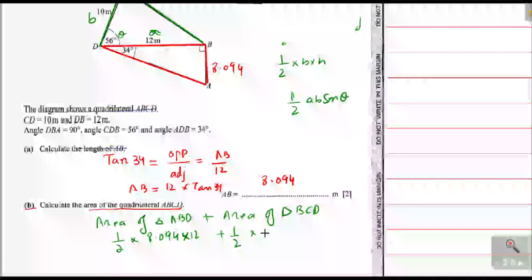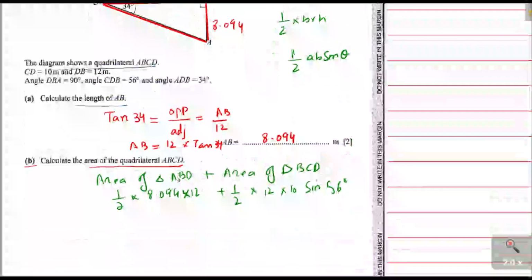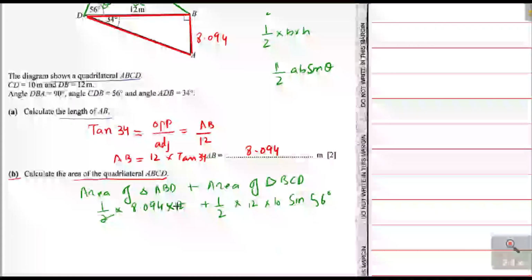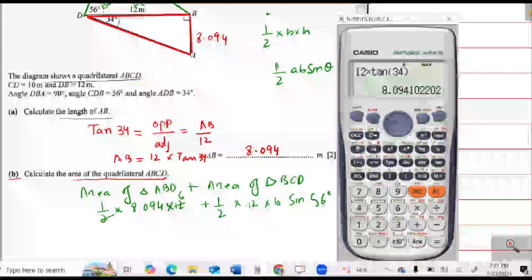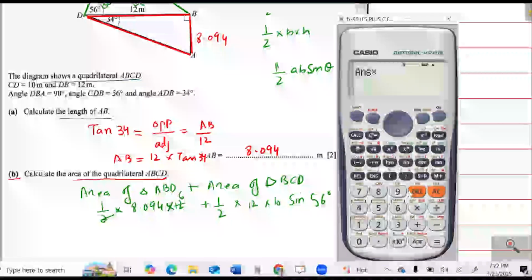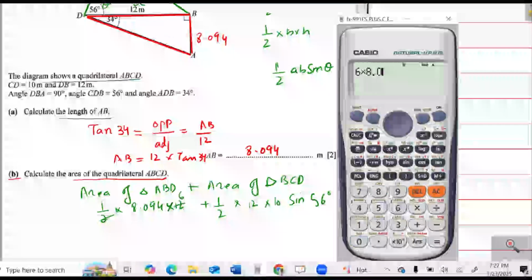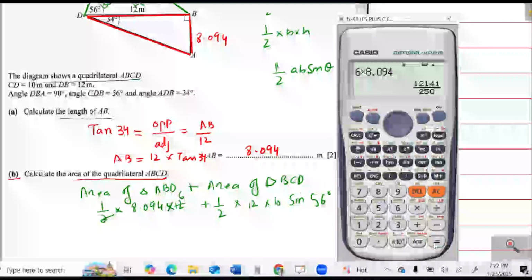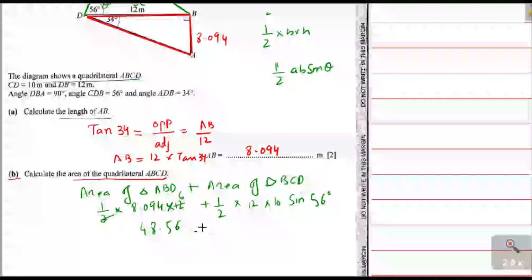a is 12, b is 10, sine is 56 degree, and this value equal to 2 times 12 is 6. We can write 6 into 8.094, and we write here 6 multiply 8.094. This value is 48.56 plus 1 over 2 into 12.